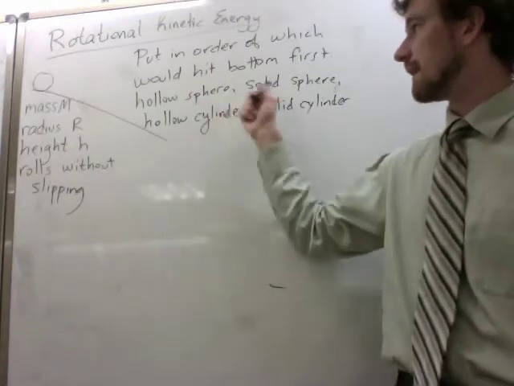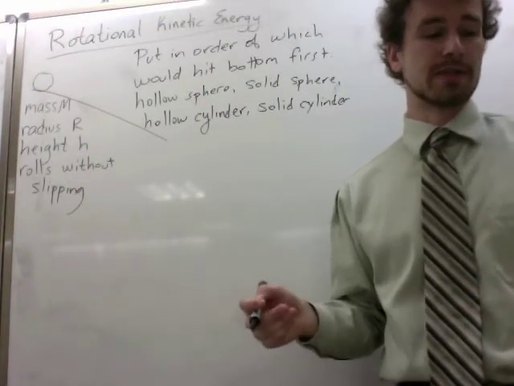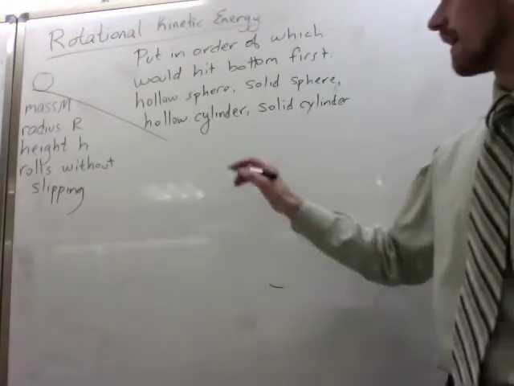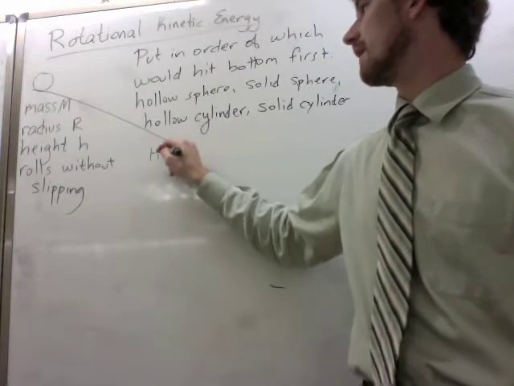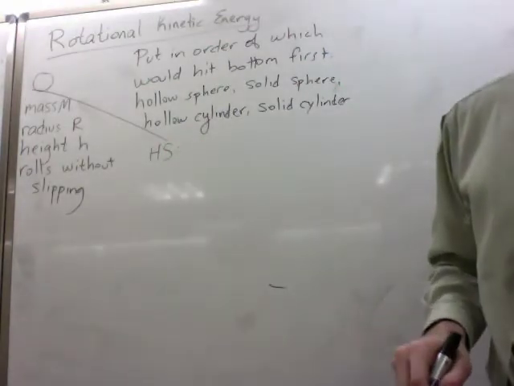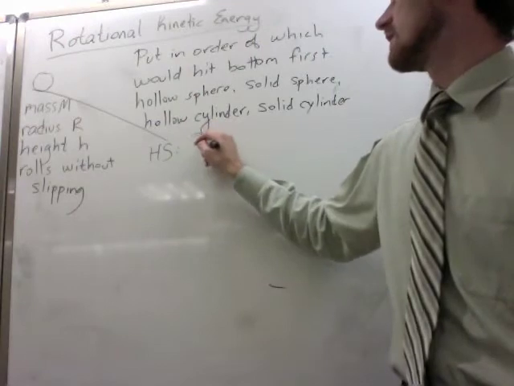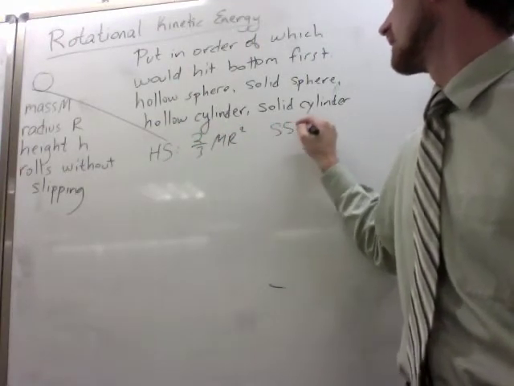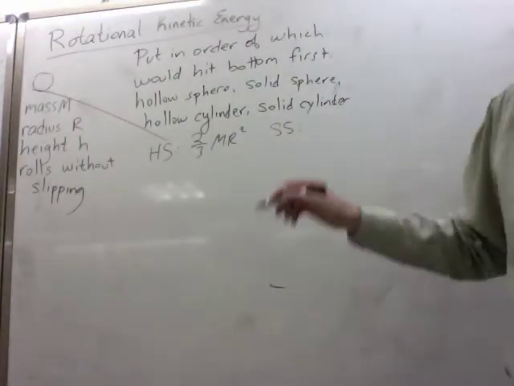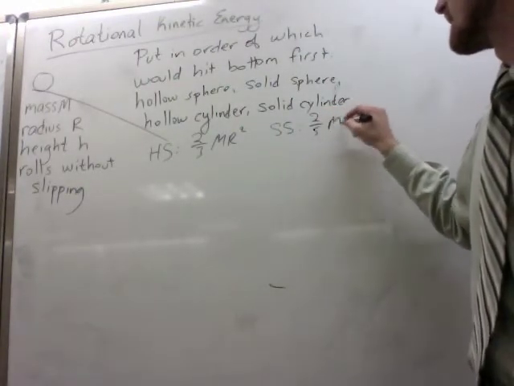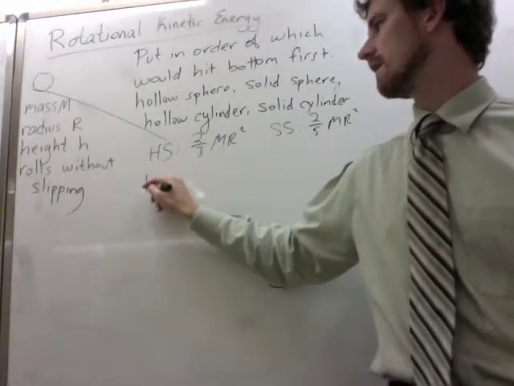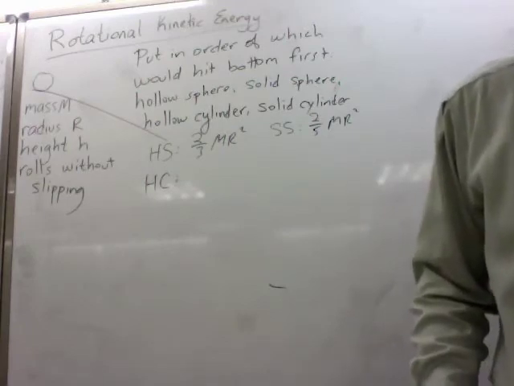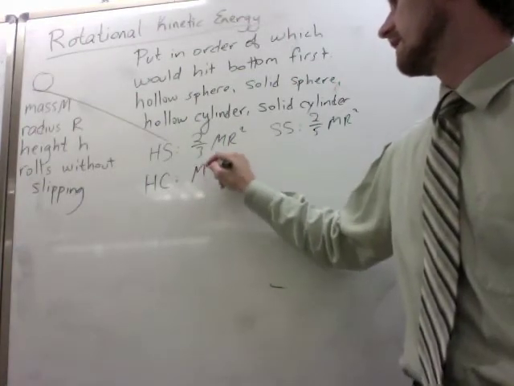Now, clearly what's different about these four objects is their shape, and because their shape is different, their moments of inertia are also different. Right? So looking at our table from the book, a hollow sphere has a moment of inertia of 2/3 mr squared. A solid sphere has a moment of inertia of 2/5 mr squared. Hollow cylinder, we have a moment of inertia of mr squared.